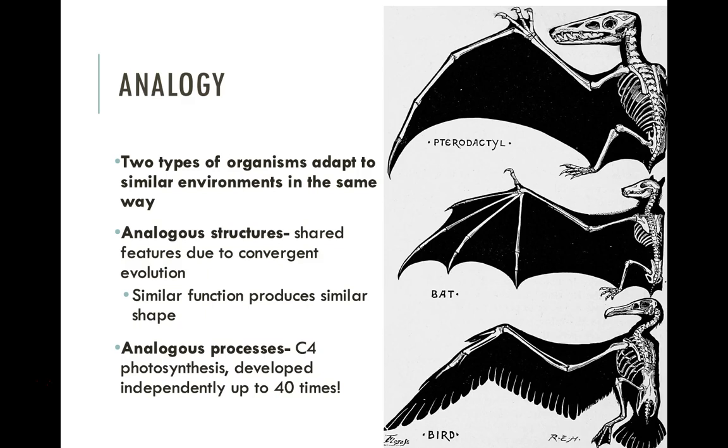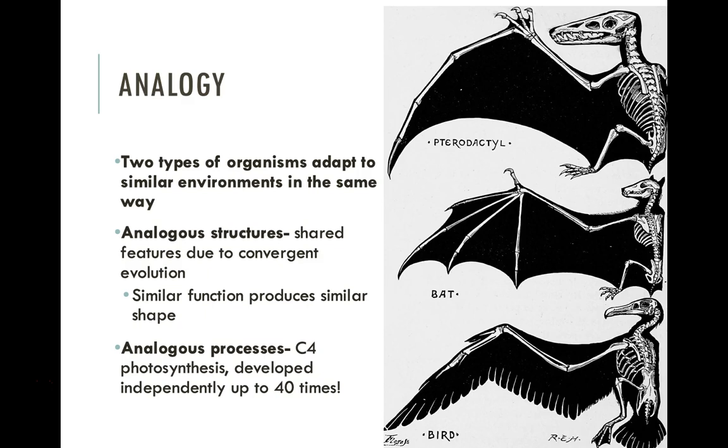Analogy can explain processes as well as structures. If you remember from photosynthesis, we talked about the process of C4 photosynthesis. This was one of our adaptations for really hot, dry environments. That process has developed independently, so analogous evolution, over 40 times or up to 40 times in the plant world.